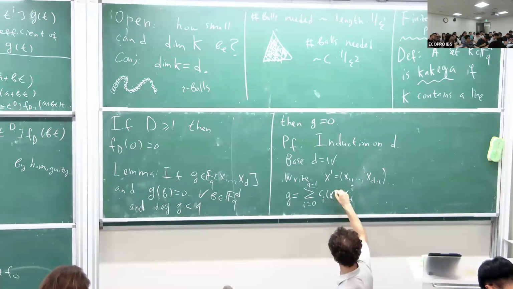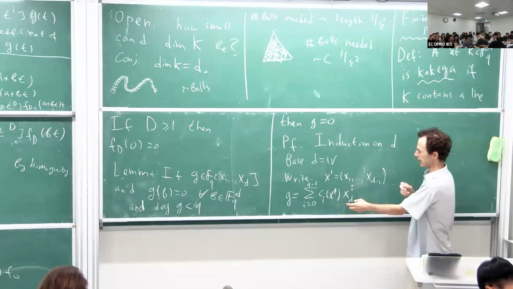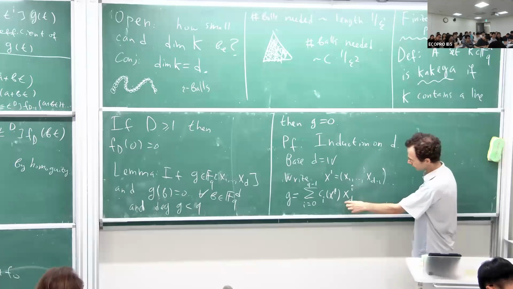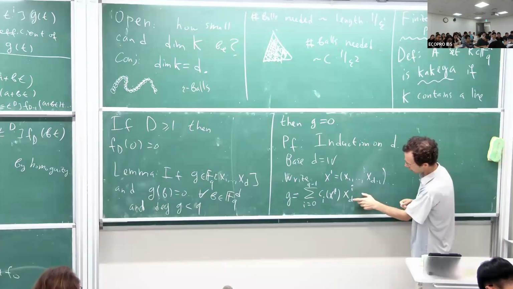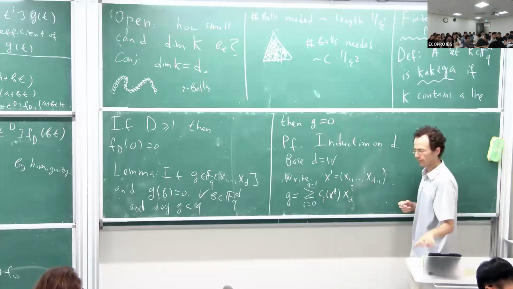These coefficients are themselves polynomials in x prime. In other words, I have just collected all the monomials where the power of x_d is i into a single term, which I call c_i.